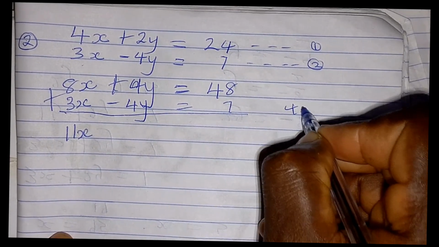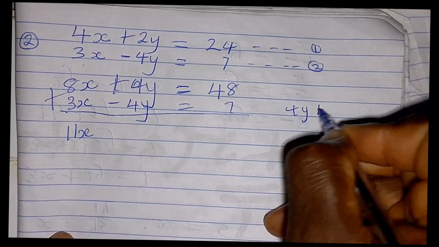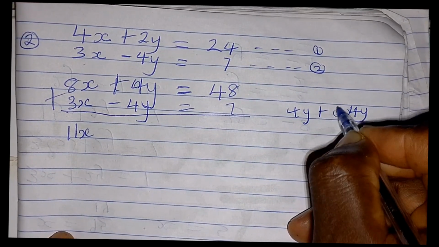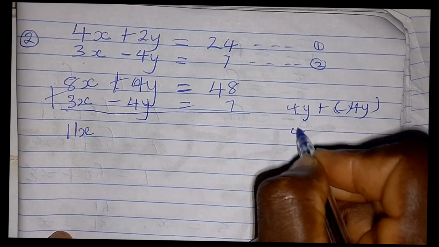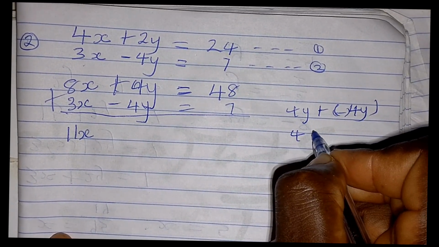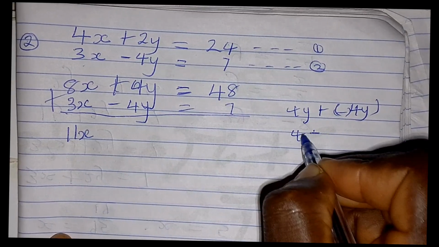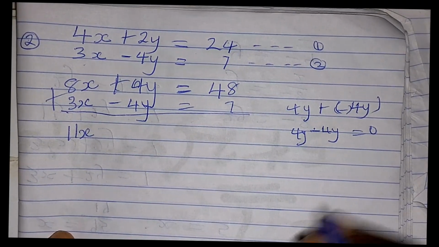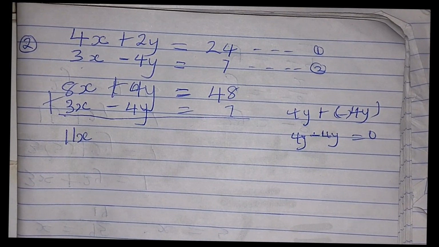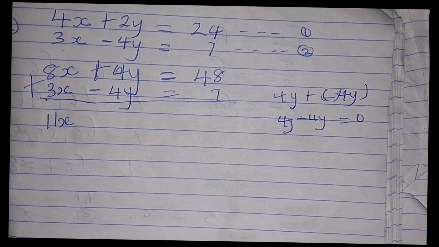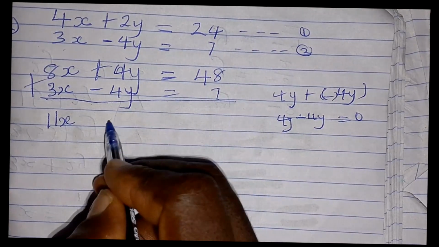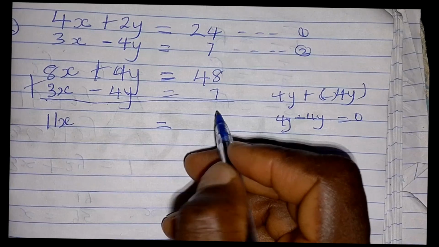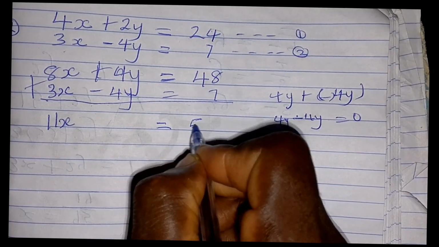We have 4y plus minus 4y, which will give us 0. So it will eliminate it. So what do we do next? So this is 0, and then we add 48 plus 7 is 55.